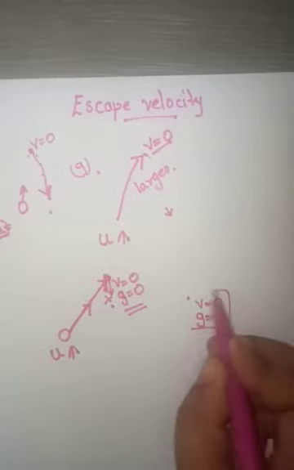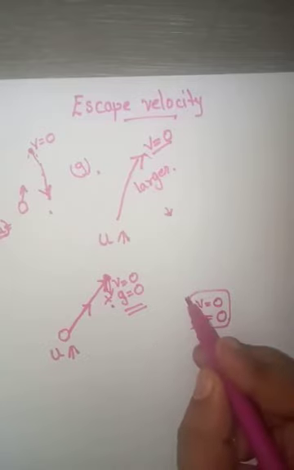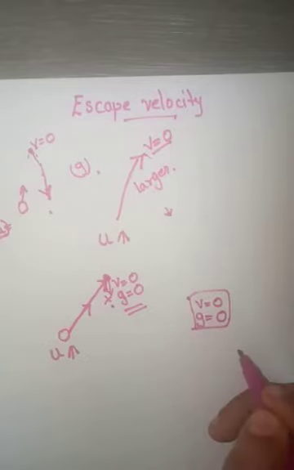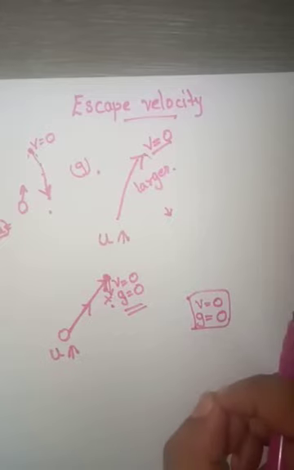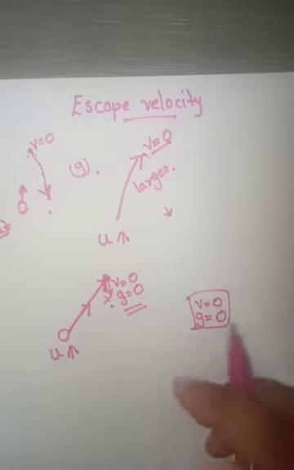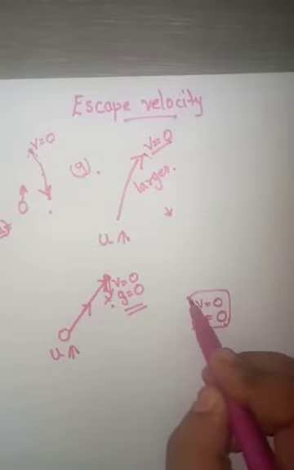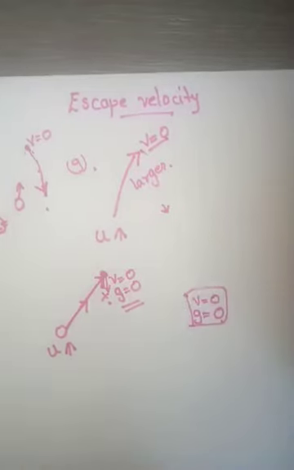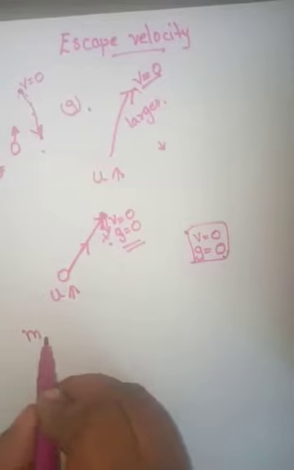The velocity which helps the object attain that point is called the escape velocity. Escape velocity is the minimum velocity required for an object to reach the point where the gravitational acceleration becomes zero.